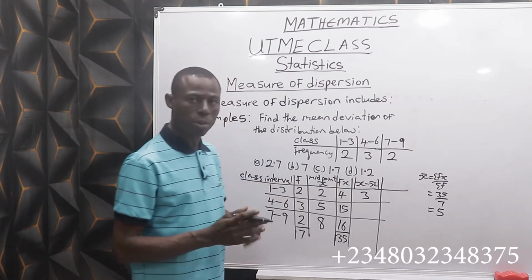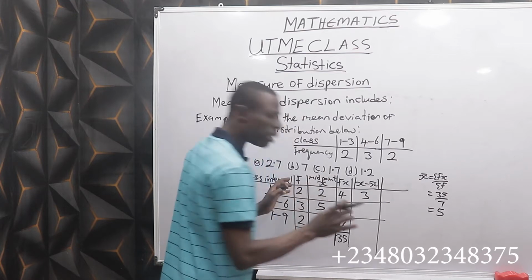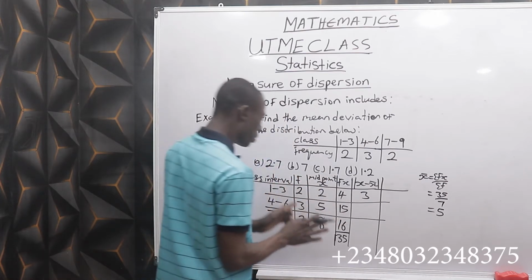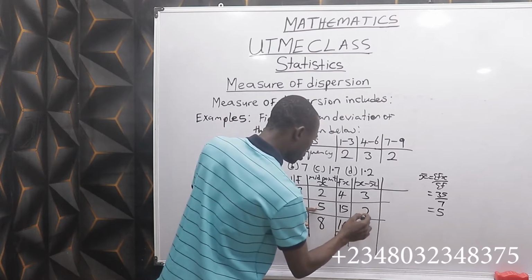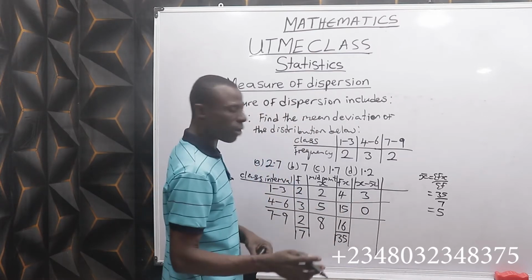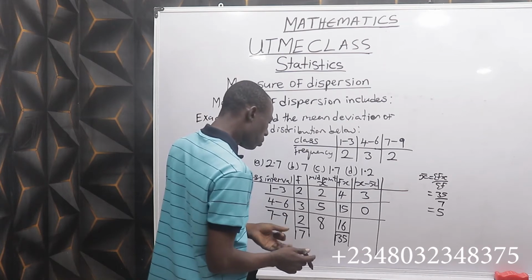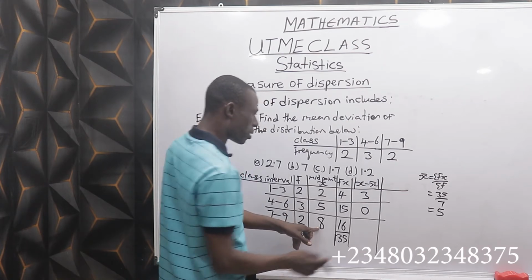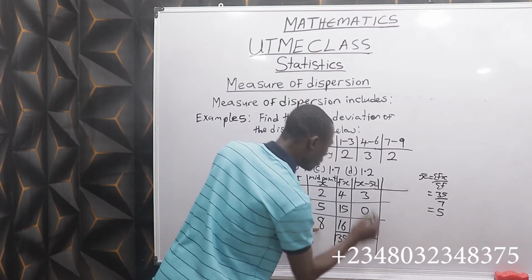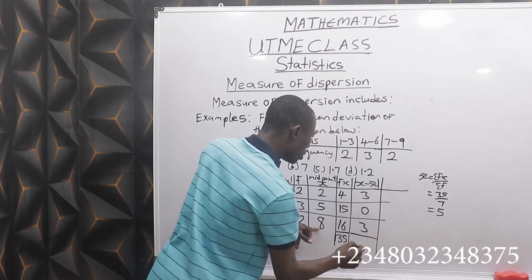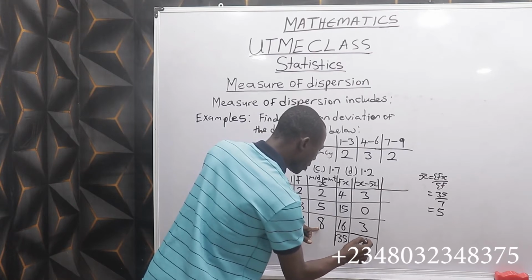Here we must deal with absolute value, just the difference between them without putting negative sign. The difference between 5 and 5 is 0. Subtract 5 from 5, that's 0. The difference between 8 and 5 is 3. So addition of that deviation column is 6.